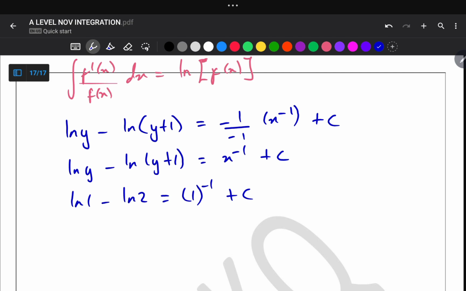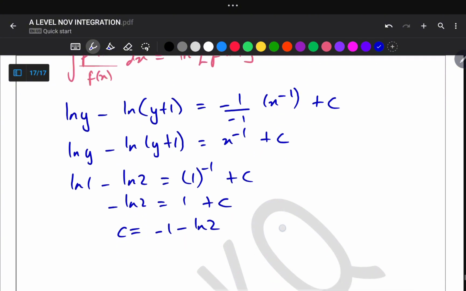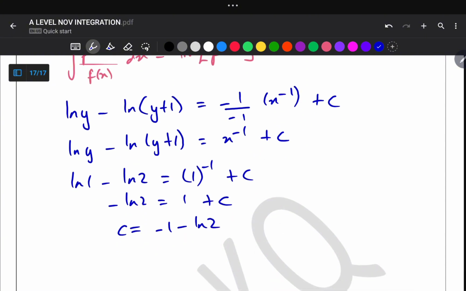So ln 1 is equal to 0, and here we are going to be left with negative ln 2 being equal to 1 plus c. So c is equal to negative 1 minus ln 2. So this is the value of c.